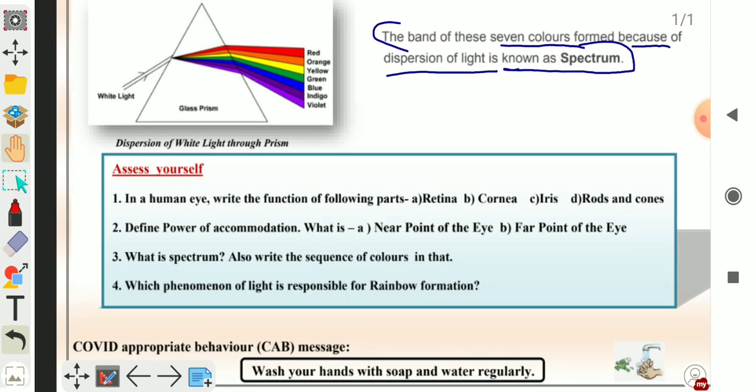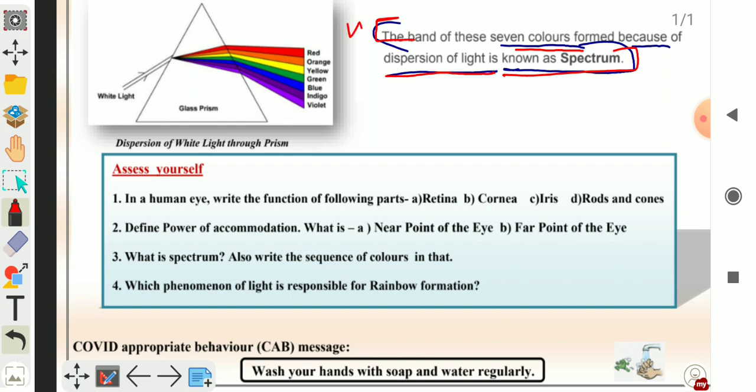Your next question is, what is a spectrum? Also write the sequence of colors in that. So what is a spectrum बच्चों? The band of 7 colors formed because of dispersion of light is known as spectrum. And what are the 7 colors?